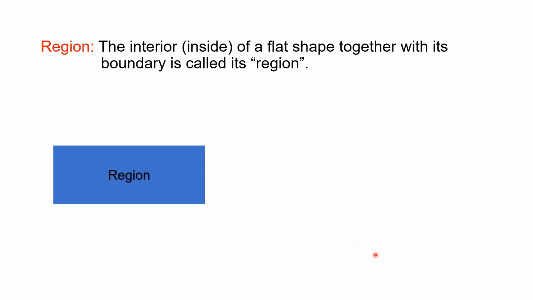Let us see another picture. This is the circle. Look at the interior. The boundary of the circle and its interior together is known as region. Let us see a triangle.